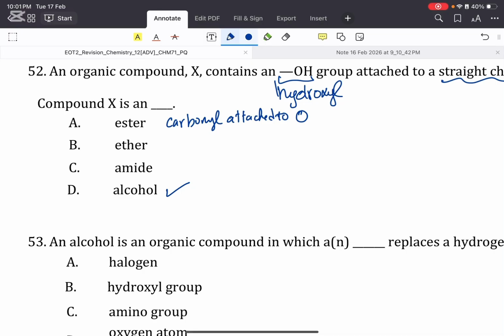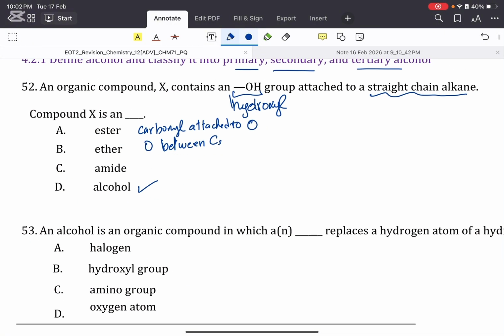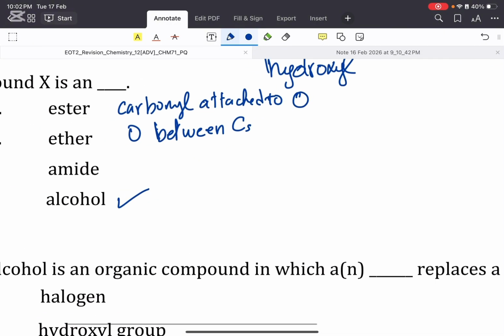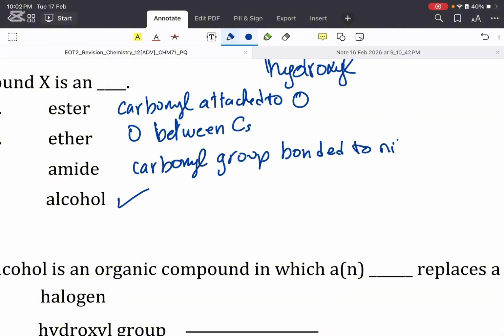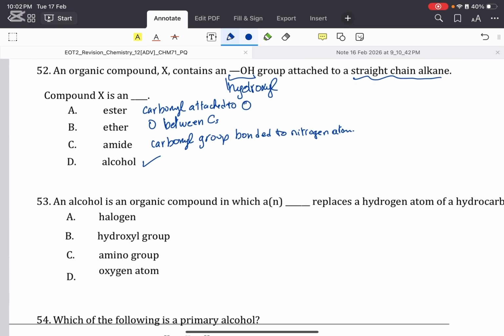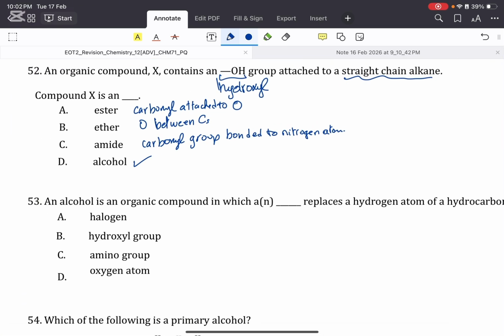Or if I need to answer B, they need to tell me that the organic compound X contains oxygen within the carbon chain, O between carbons. And if I need to answer C, they must say in the question an organic compound containing a carbonyl group bonded to a nitrogen atom. So expect any changes in this question, and like this you can know which choice to answer if the question changed.